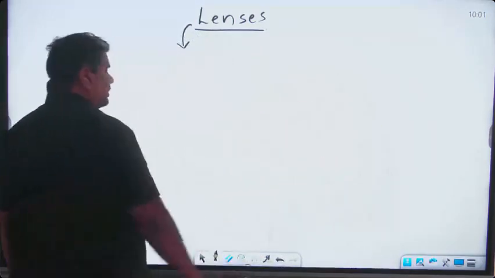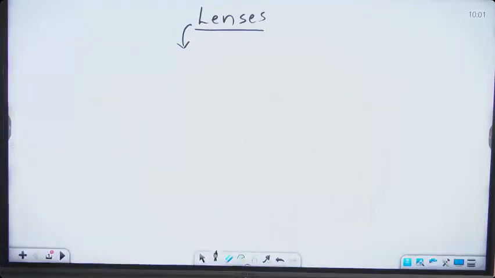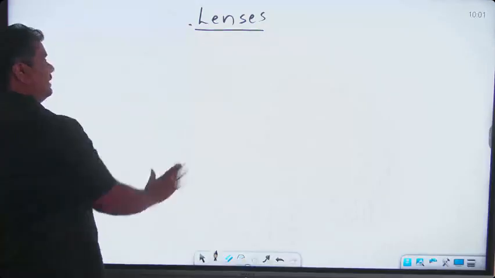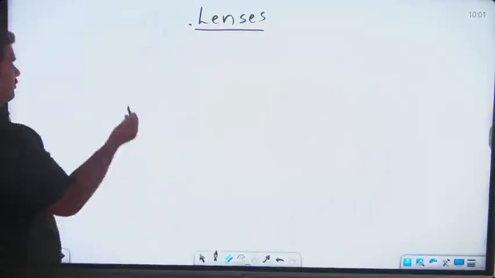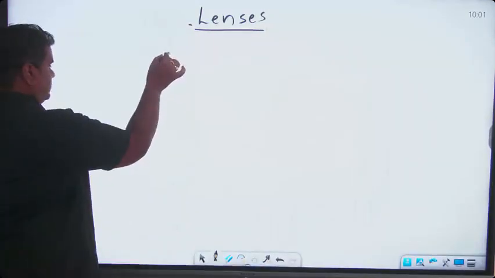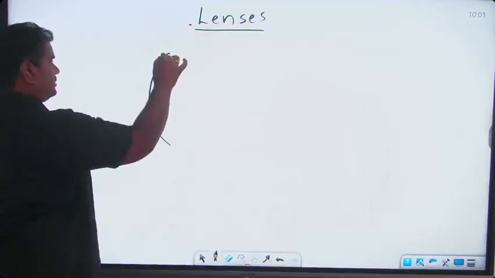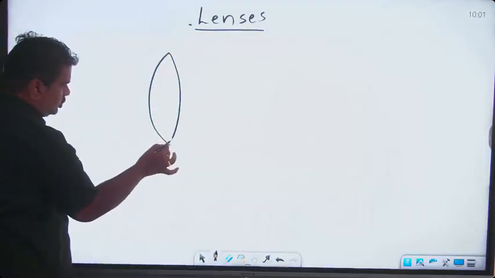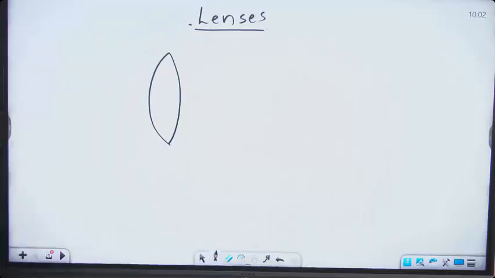Now, coming to the case of lenses, the convex lens and the concave lens. First and foremost, how are these lenses prepared? In a convex lens, we have two spherical surfaces like this.